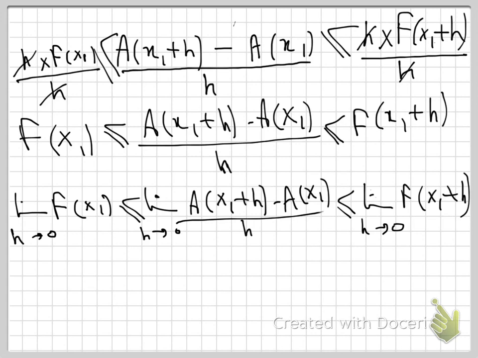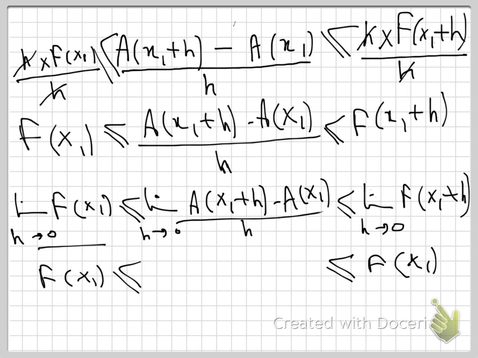Of course, the limit of f of x1 when h approaches 0 remains f of x1, because f of x1 doesn't contain h at all. And the limit of f of x1 plus h also will give f of x1, because if h is approaching 0, we'll get f of x1.